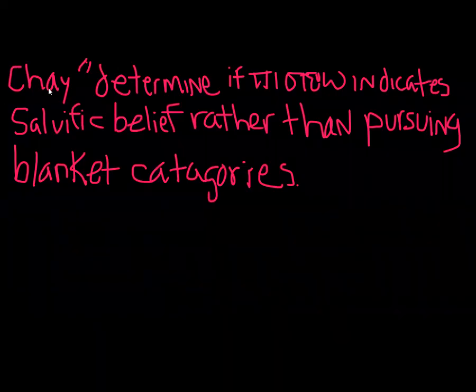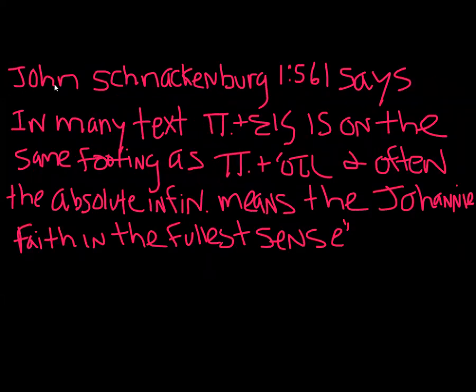So Chase says this, that it's important to determine if pisteuo indicates salvific belief rather than pursuing blanket categories. So that needs to be examined. Is the passage talking about salvation? And so on. One of the resources he quoted was John Schnackenberg, who had a commentary on John. Here's the volume number and stuff.